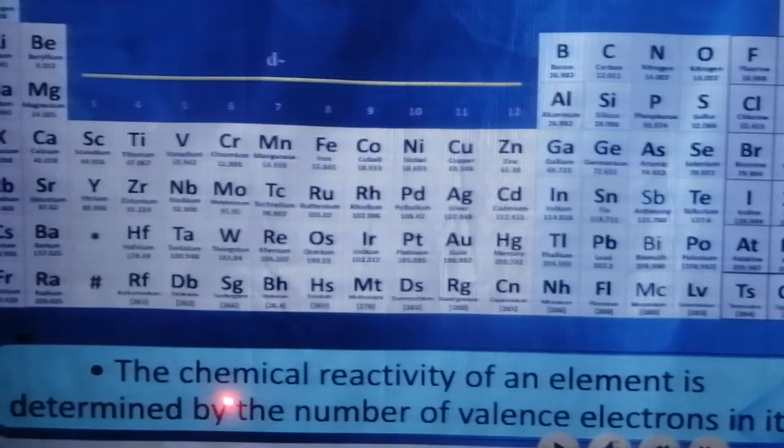The chemical reactivity of an element is determined by the number of valence electrons in it.